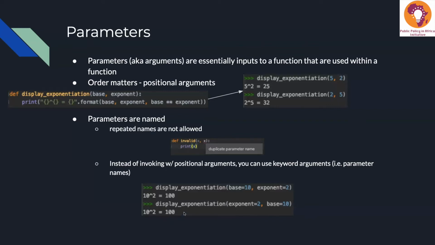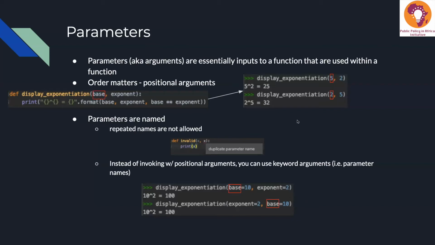But then we still get the same output down here. So if you don't want to memorize the order, but you can remember the names of the arguments, then you can use the keyword way of invoking that function. So we can invoke it either of these two ways.